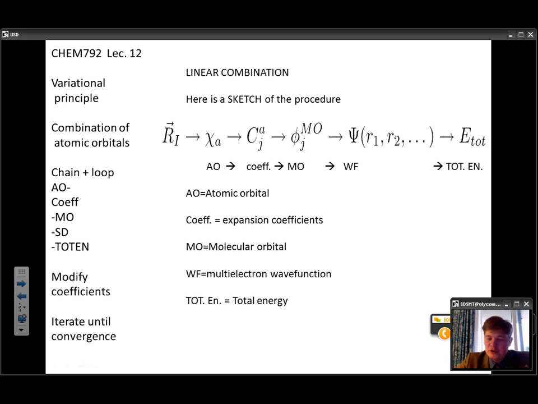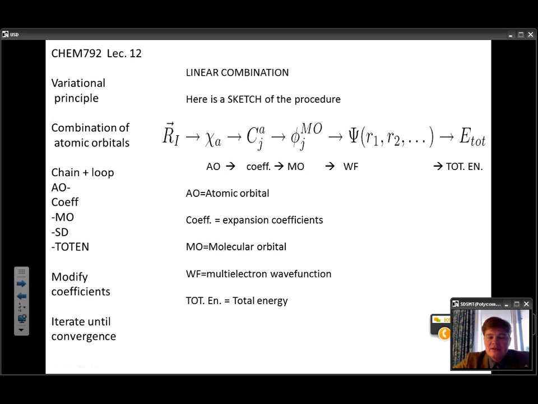And the Gaussian software can perform a Hartree-Fock calculation. We have seen in the lab that we can report the total energy for each atomic model. So it is just an illustration of what we were doing last time: atomic orbitals, expansion coefficients, molecular orbitals, multi-electron wave function, and then total energy.